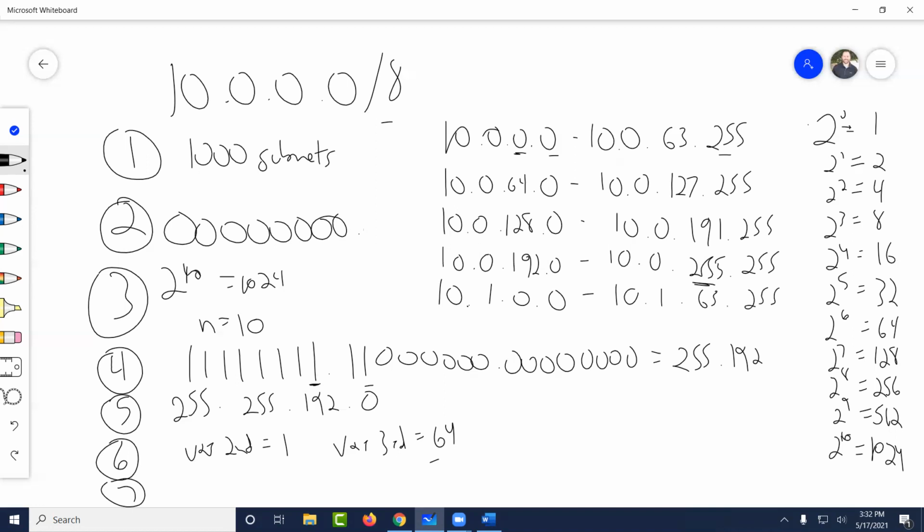10.1.63.255. And it will be 10.1.64.0 to 10.1.127.255.